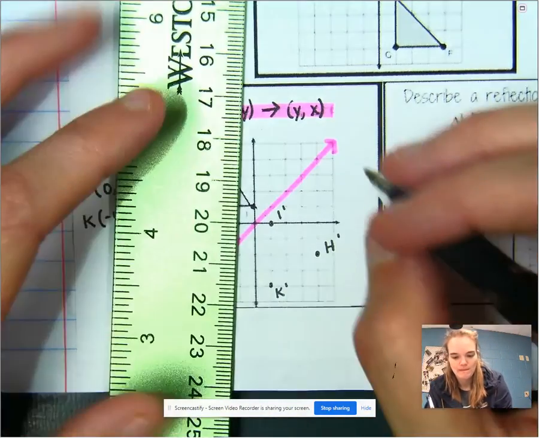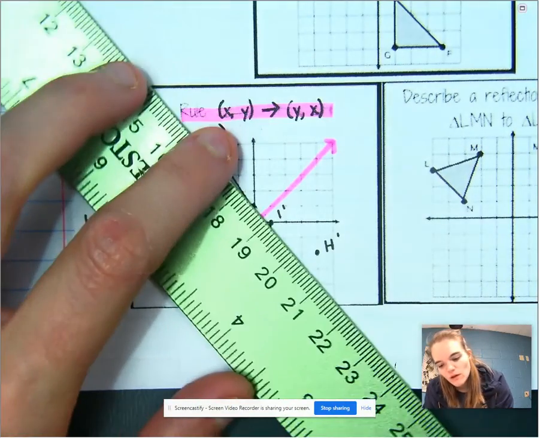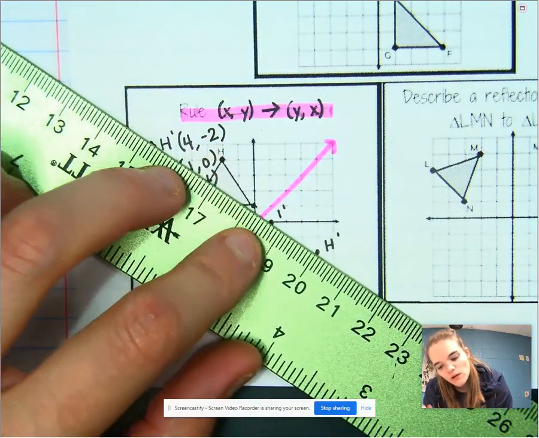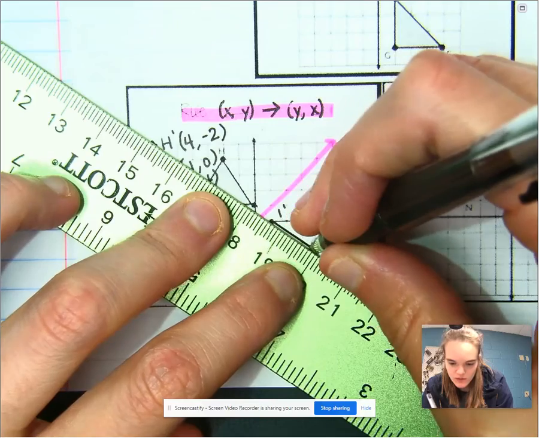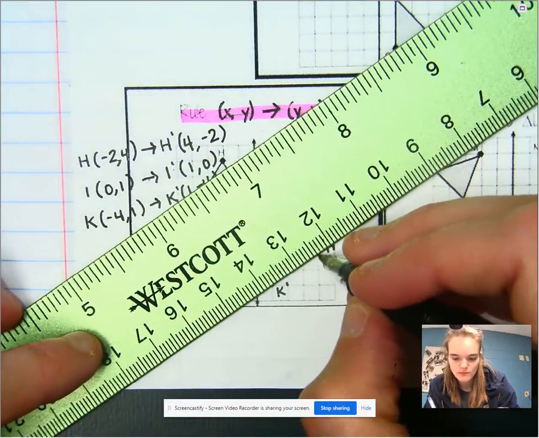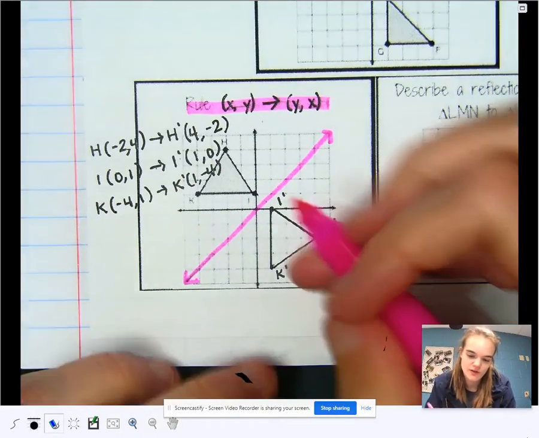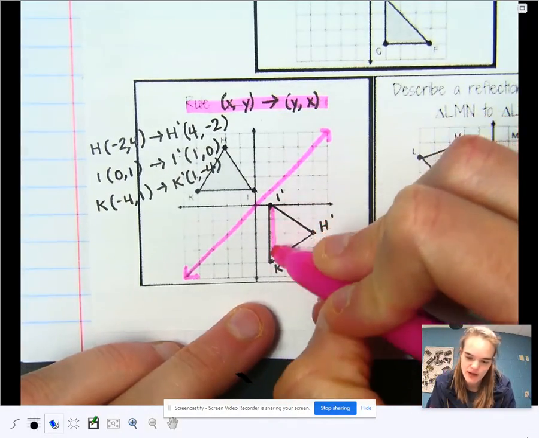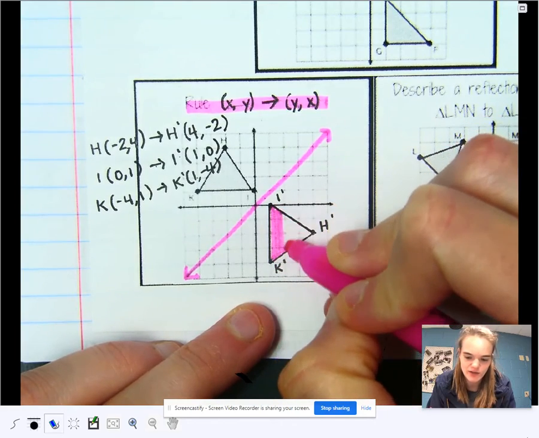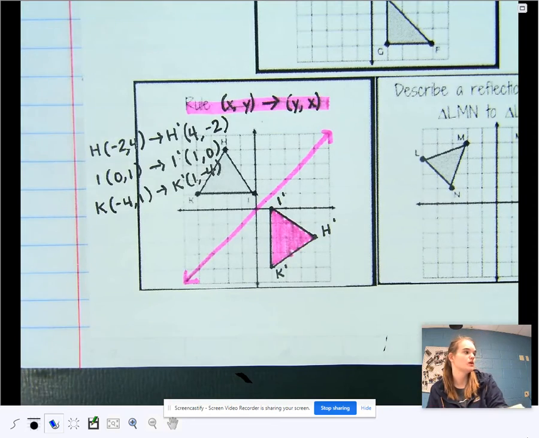Okay. And there we go. I have reflected across y equals x. I have used the rule because I find using the rule to be simpler so that I don't make simple mistakes.